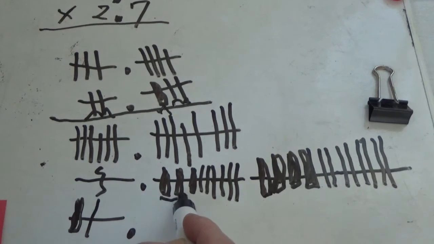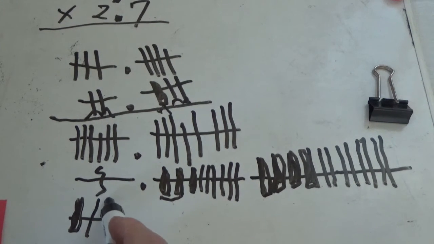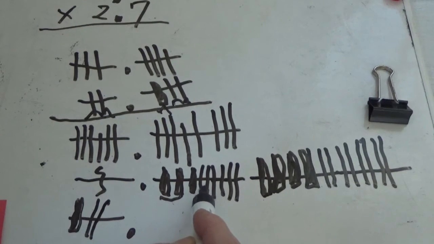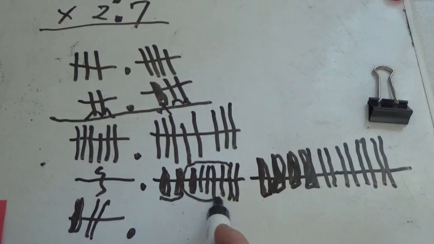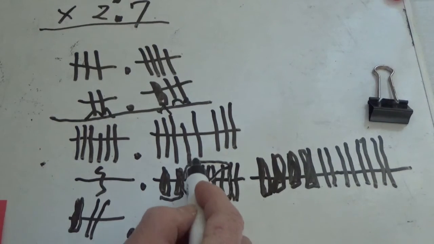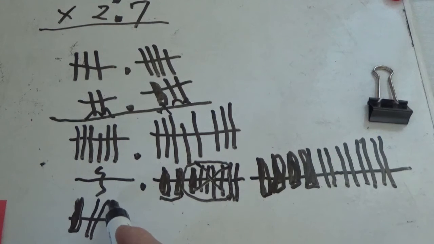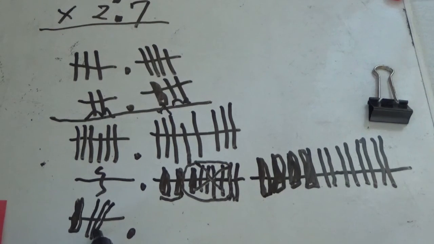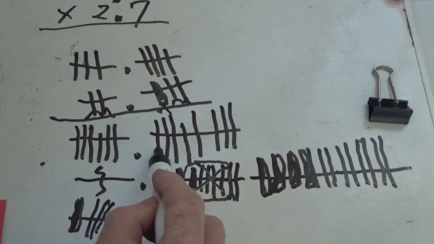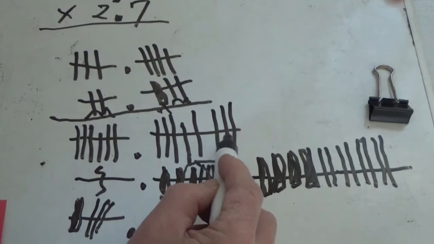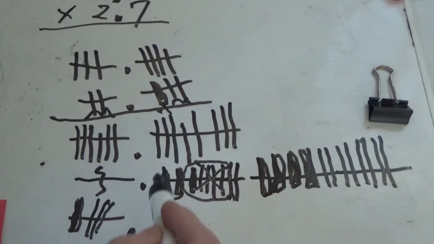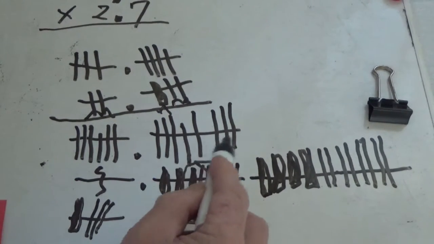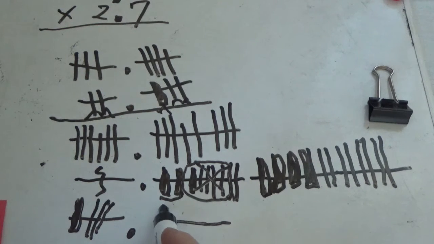10 tenths makes 1. 1, 2, 3, 4, 5. 10 tenths is 1. And 1, 2, 3, 4, 5. 1, 2, 3. And this is 1. So this is 8 plus 1, that is 9.